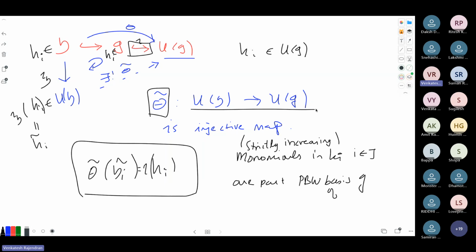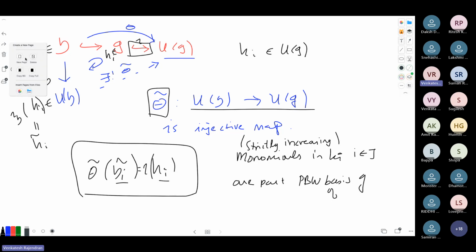Since this is almost the same map that you are getting, which is a natural map, and since it is injective, you can identify the image of elements of H inside UH and UG as the same. There is no issue, because this HI tilde maps to HI. I can just use the same HI for elements of UH as well as UG. There is no issue.